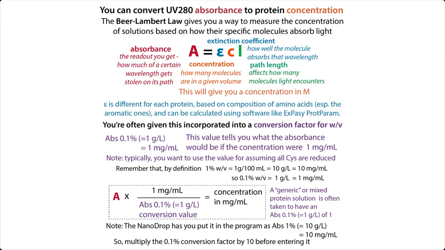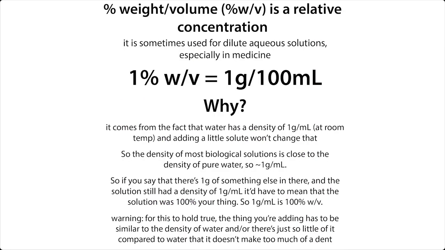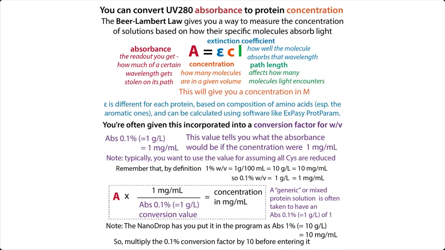Since your software knows that molecular weight and it knows the extinction coefficient, it can then take those into account to give you a conversion factor per percent weight volume. More on percent weight volume elsewhere, but by definition, a 1% weight volume is 1 gram per 100 mils, which is the same as saying 10 grams per liter.